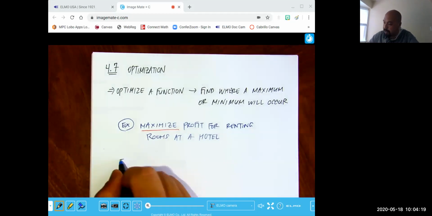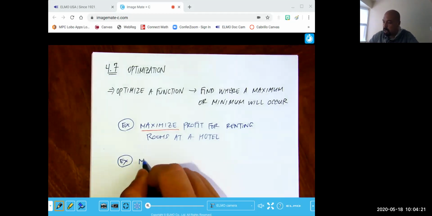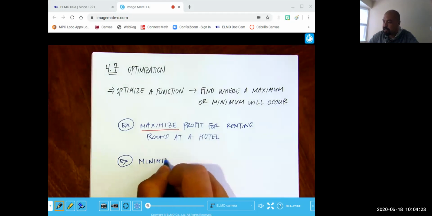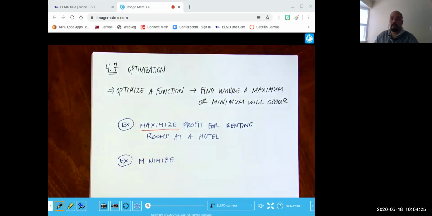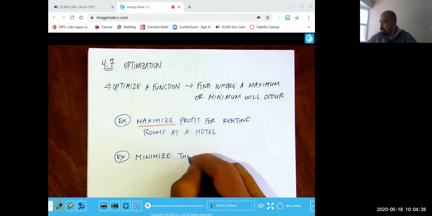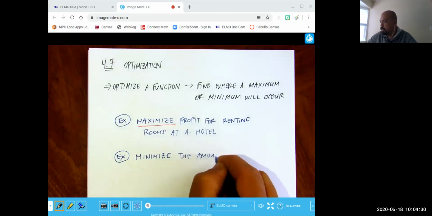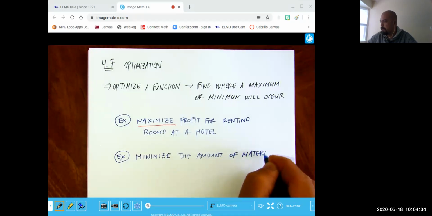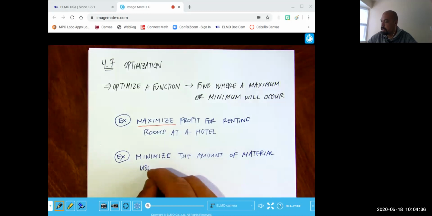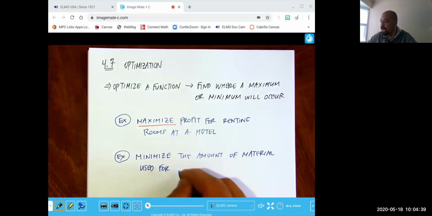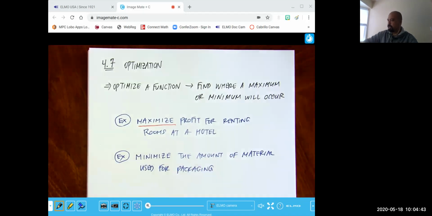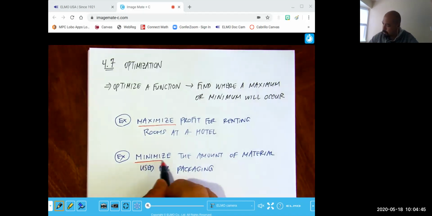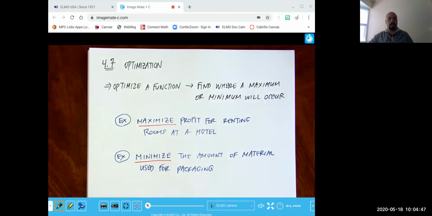Or exactly here, well, maybe we'll start off with a lot of our problems geometric. Maybe we want to minimize the amount of material used for packaging, right? Again, especially nowadays with our concern for the environment and whatnot, right? We want to kind of reduce our impact.